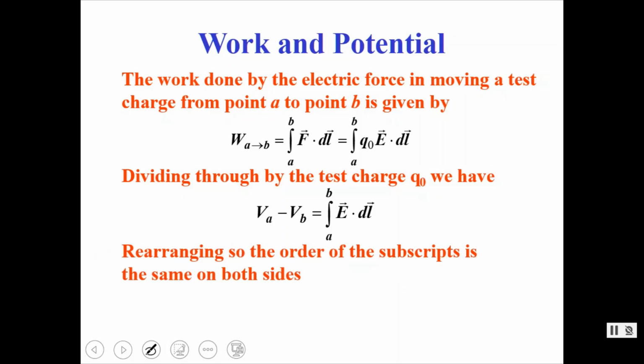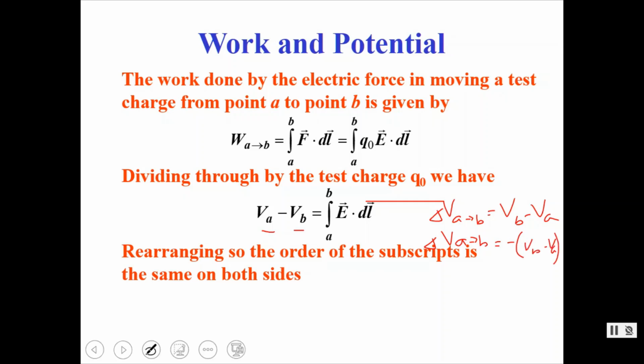Now, notice how this says from A to B. If I want it to be B to A, delta V from A to B is going to be VB minus VA. So that's not what I have written here. So what I can do is delta V from A to B is going to be negative of VB minus VA.